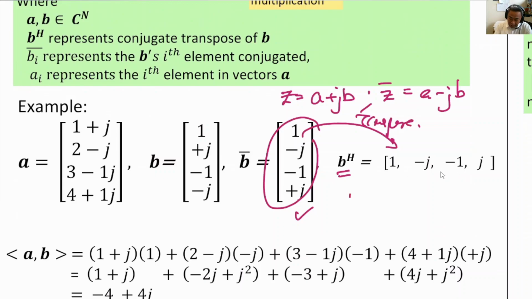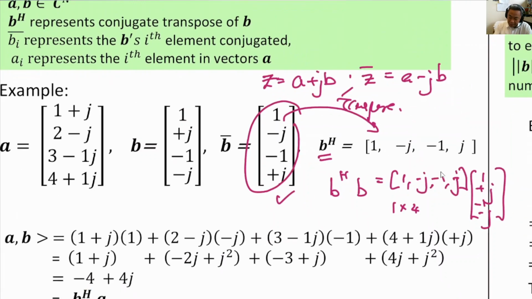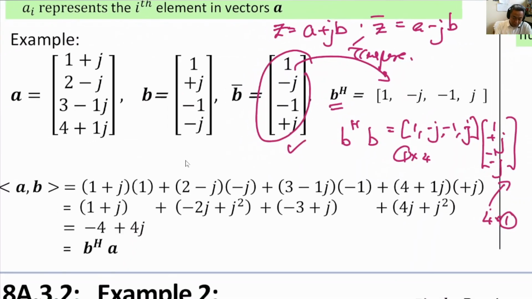B is simply this vector, multiplying by the original vector 1 plus j, minus 1, minus j. So it is a 1 by 4 multiplying by a 4 by 1, and we'll get a scalar at the end. So never mind, let's proceed.